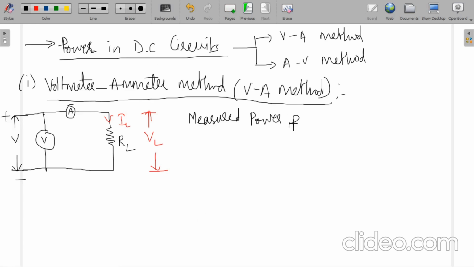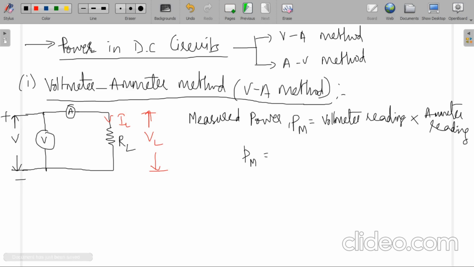PM is the measured power, which is equal to voltmeter reading into ammeter reading. So what is the voltmeter reading now?